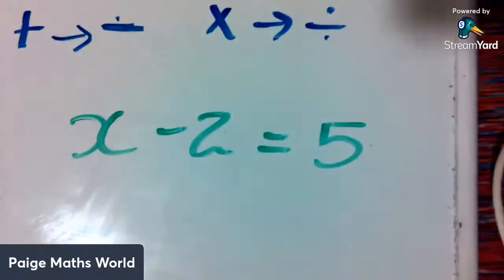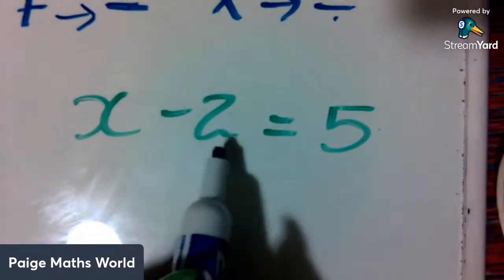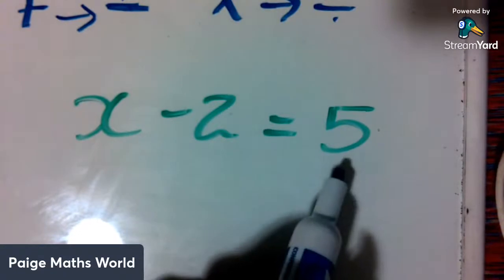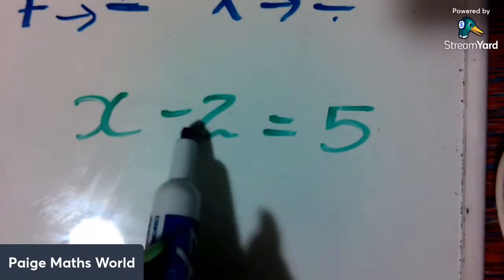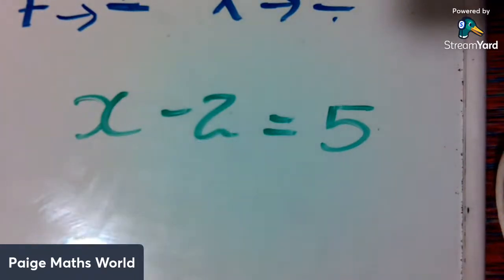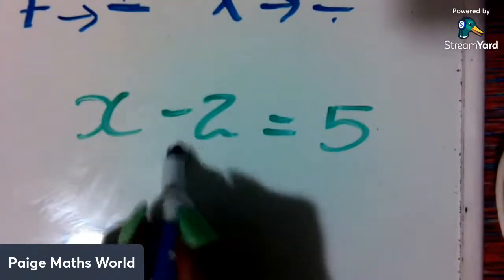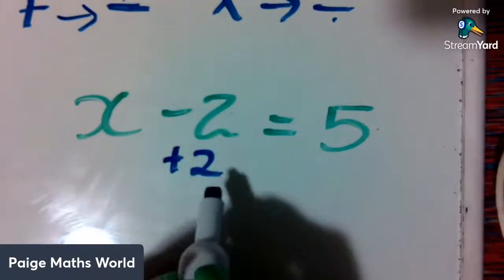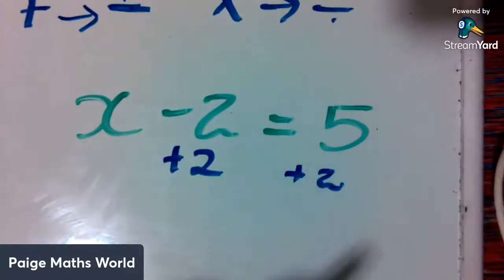These are things we have to remember when we're doing algebra. So we have x take away 2 is equal to 5, and in order to get x by itself, we have to do the opposite of taking away 2. The opposite of take away is addition, so we're going to add 2. And anything we do to one side, we have to do to the other, right?